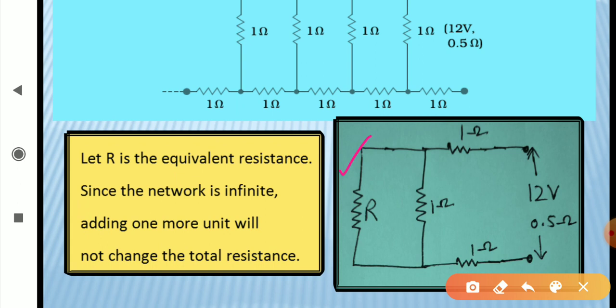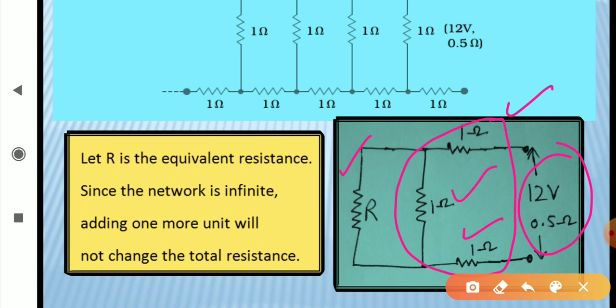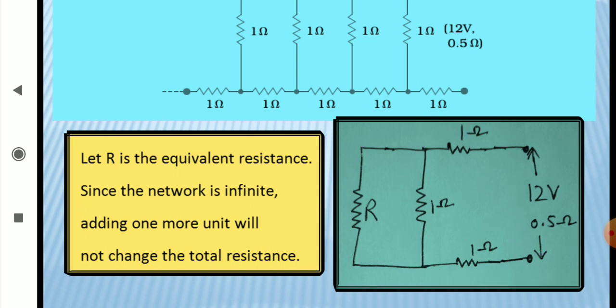This R is the equivalent resistance, and to it we have added one more unit, right? So 1 ohm, 1 ohm, 1 ohm, and this is my 12 volt, 0.5 ohm supply, okay? So now we will find out its resultant and equivalent. So you can see that this R and this R are in parallel.